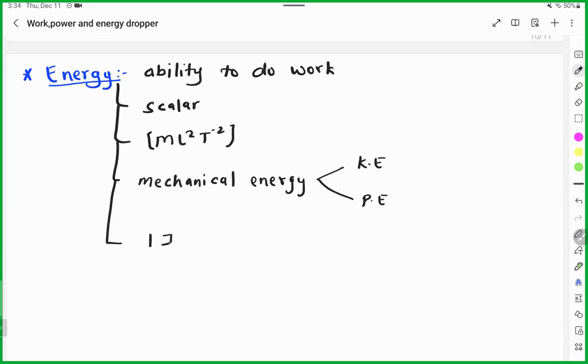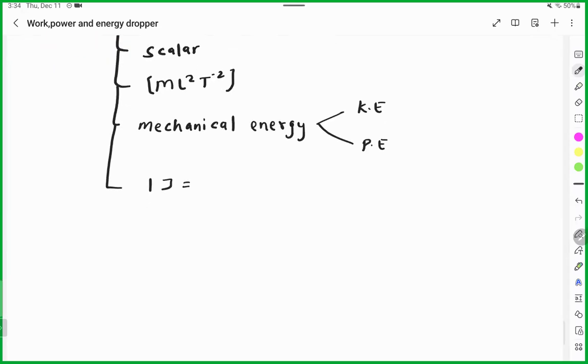What is 1 joule equal to in ERG? 10 raised to power 7. 1 electron volt is equal to how much? Anvita, 1 calorie is equal to 4.186 joule.